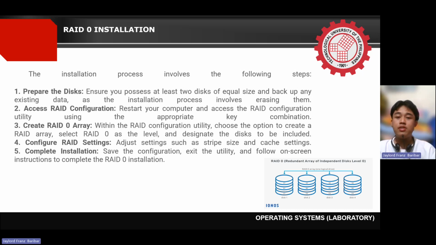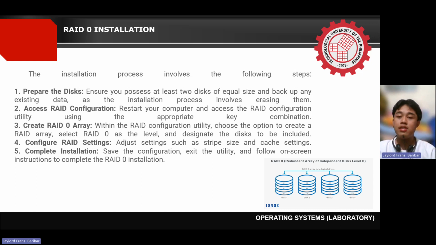Now, the next step is to create a RAID 0 array. In the RAID configuration utility, look for the option to create a RAID array. Choose RAID 0 as the level and pick the disks you want to include in the array. Next, configure RAID settings.